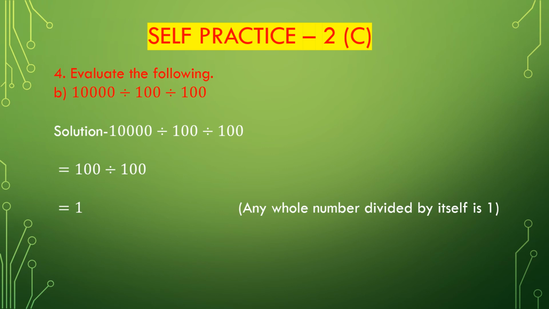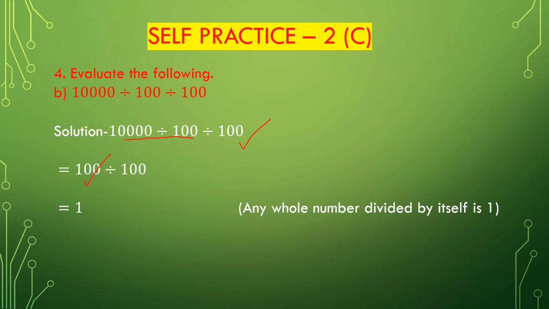Now we solve question number 4, second part. B. 10,000 divided by 100 divided by 100. First we divide 10,000 by 100. 10,000 divided by 100 is 100.